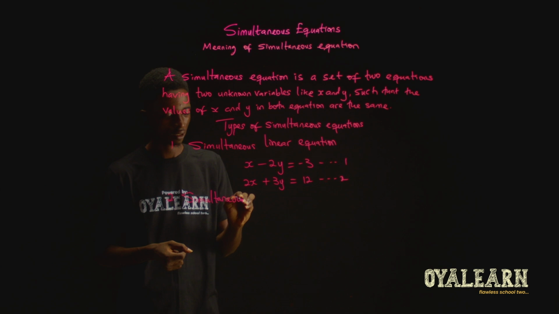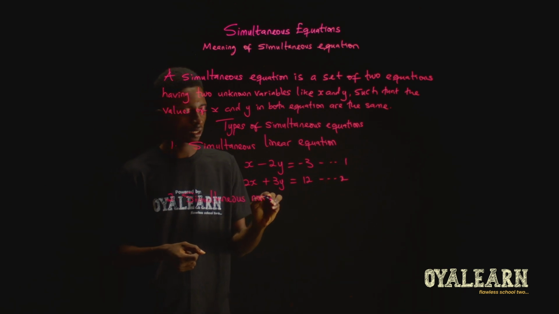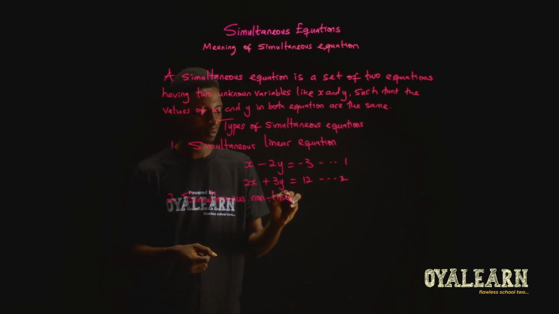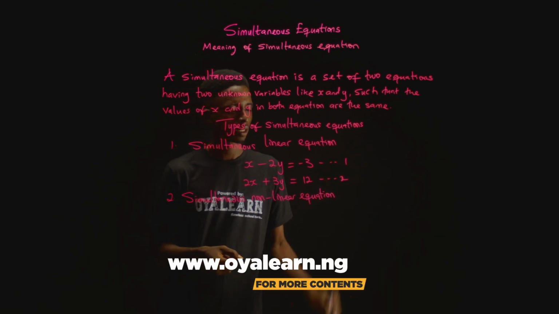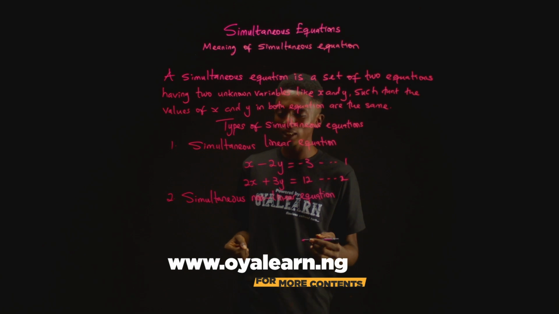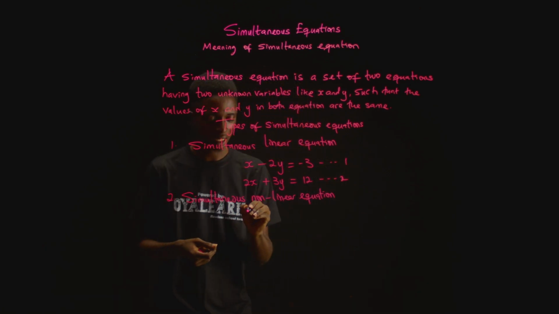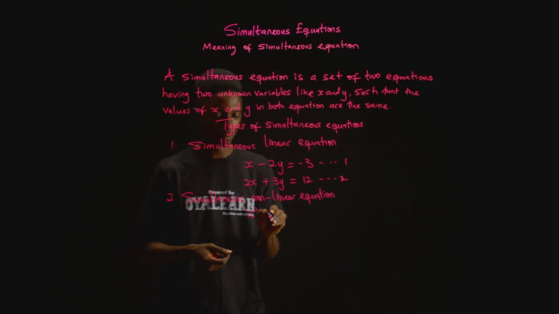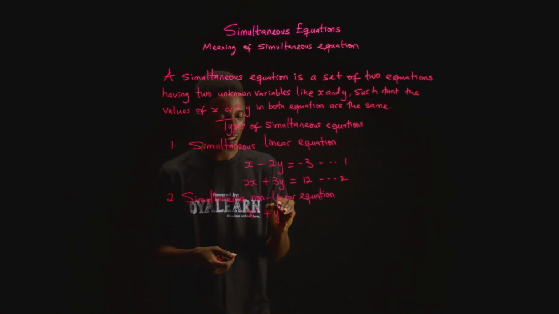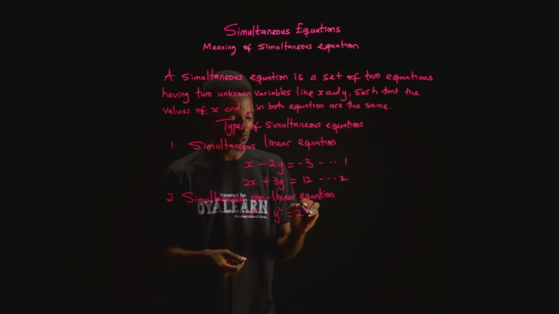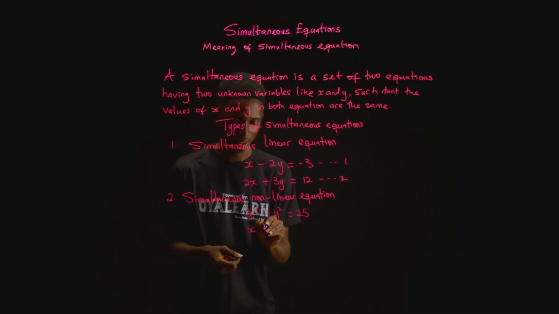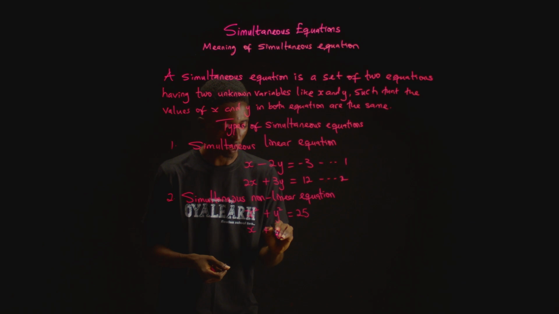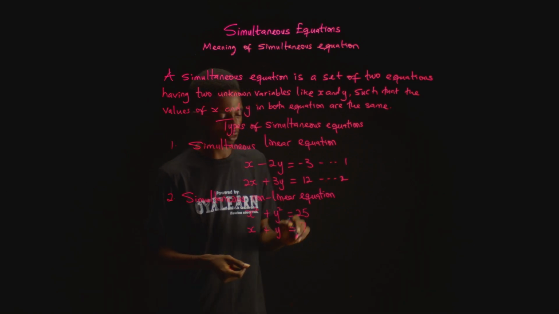And then the second type of simultaneous equation is known as the simultaneous non-linear equation. And for the simultaneous non-linear equation, it looks like this. You could have x squared plus y squared equals 25, and then x plus y equals 7.